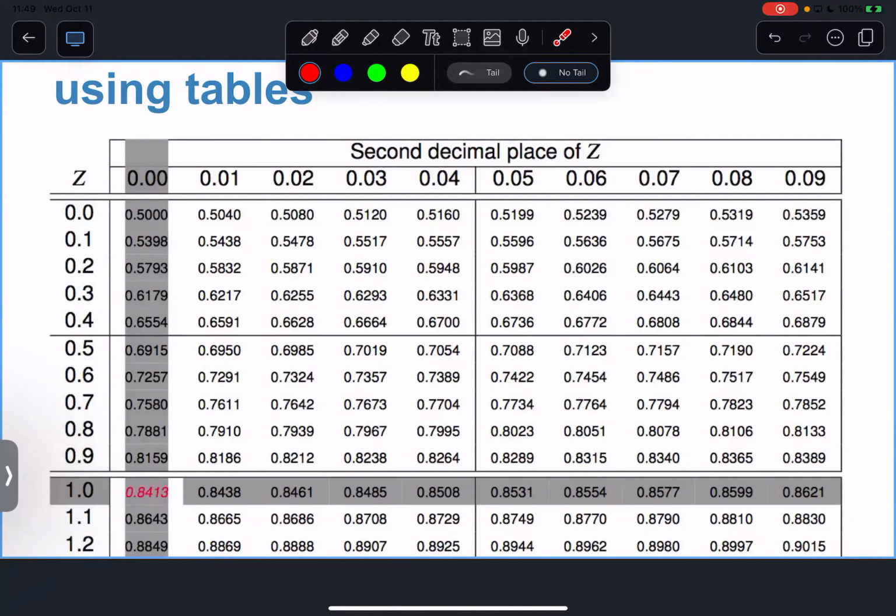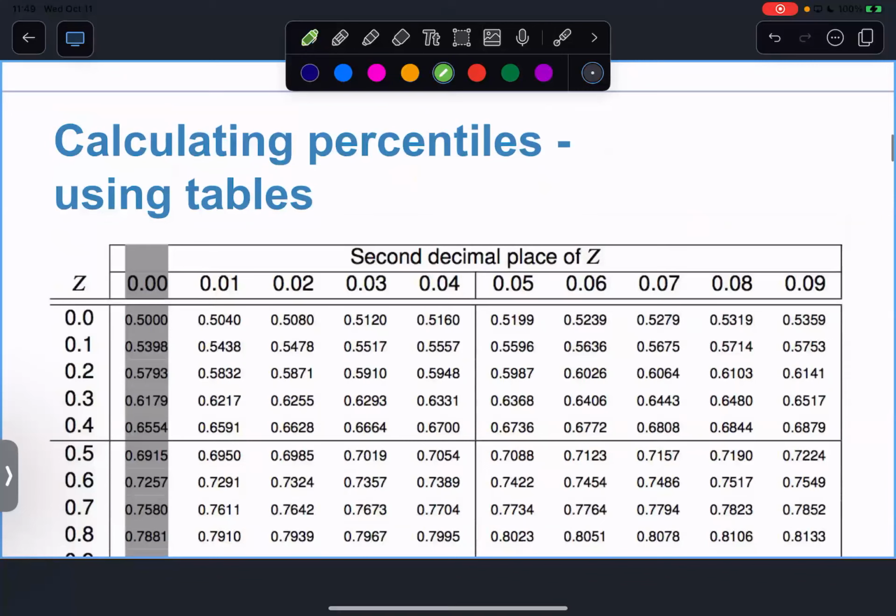There's negative values, there's positive values. So there's a negative side and a positive side of the Zs. That's the first thing you wanna be keeping track of. Notice there is a positive and negative side.